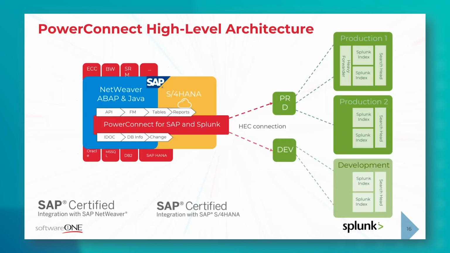So the high-level architecture of PowerConnect is like that. We support NetWeaver, the old-fashioned product of SAP that runs out of support in 2026, and S/4HANA, the successor of it.